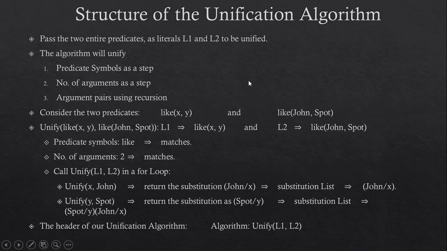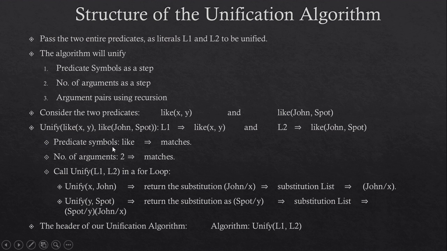So for example, let us consider the predicates like x, y and like John, Spot. We call the unify algorithm unify like x, y, like John, Spot. Here obviously L1 is like x, y and L2 is like John, Spot.